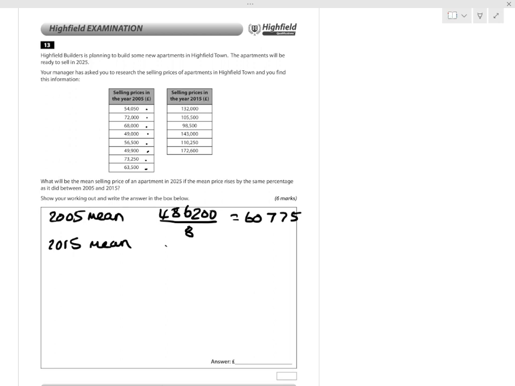So that one is 761,850. Now we divide this by 6, which is 126,975. Now we've got to find the percentage increase.